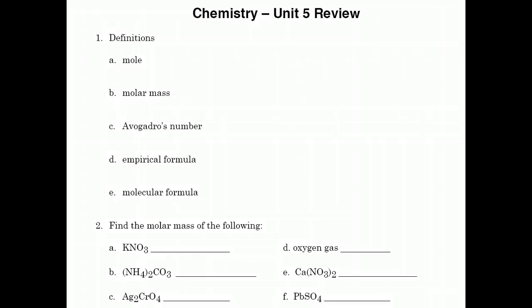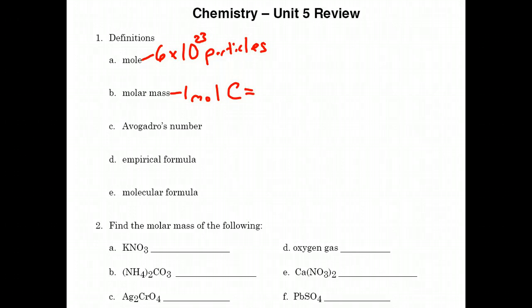A mole is a value representing 6 times 10 to the 23rd particles, and that relates to a molar mass because 1 mole of any substance, let's say carbon, is equal to 6 times 10 to the 23rd particles, in this case atoms of carbon, and it's also equal to 12, which is the mass from the periodic table of carbon.